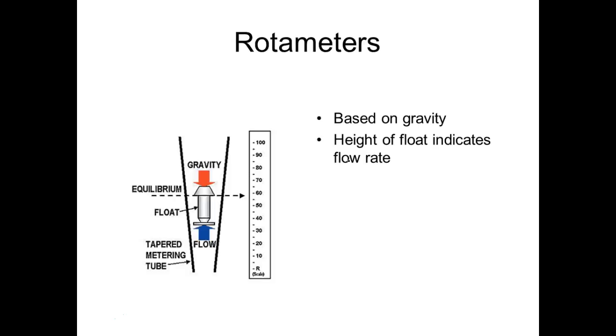Normally this tube is clear plastic, and the markings are on the side, and I would just read the flow directly off that. I've never seen a rotameter that actually outputs an electronic signal, but hopefully you can see, anytime I've got motion, I can electronically sense that motion, right?